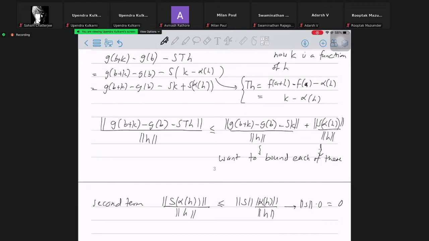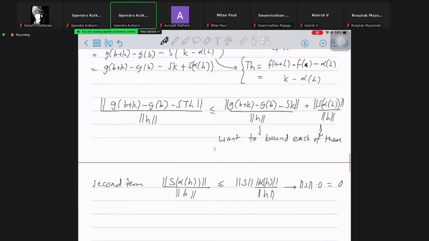Yes, sir. But I hope you see how the operator norm really helped us over here. Okay. Now the first term, bounding the first term, is a little more complicated. But even over there, the operator norm will help us. And this time, the operator norm of T will help us.